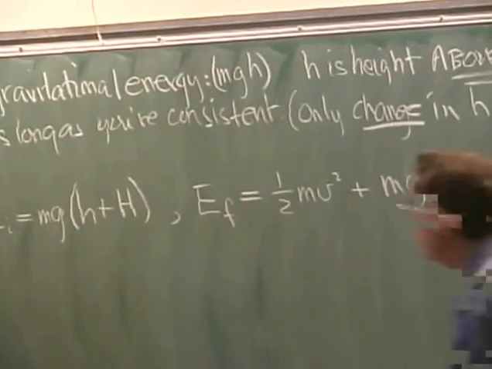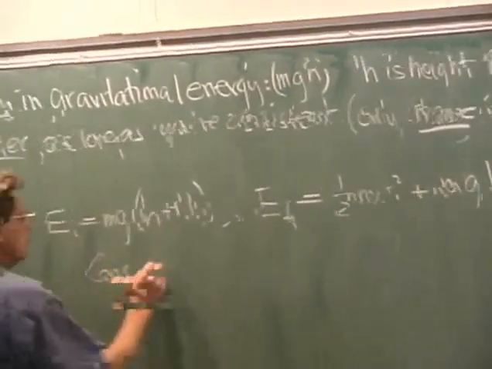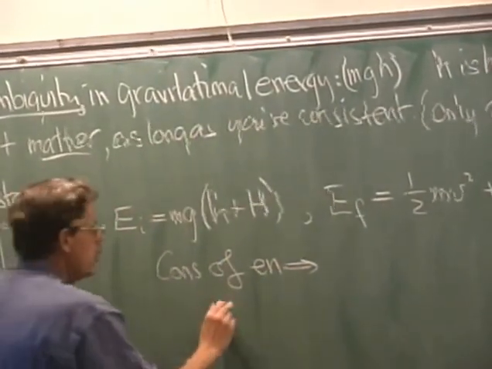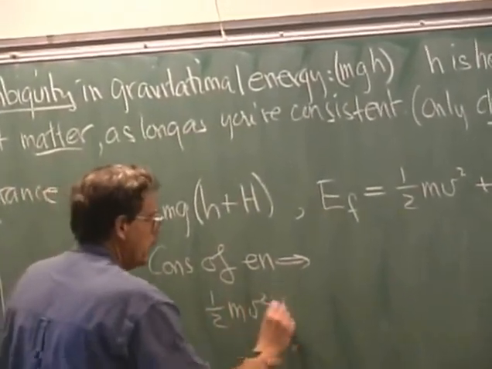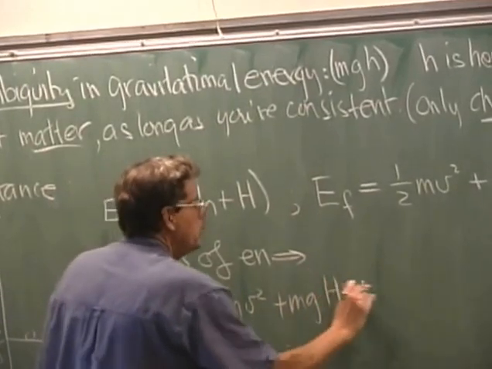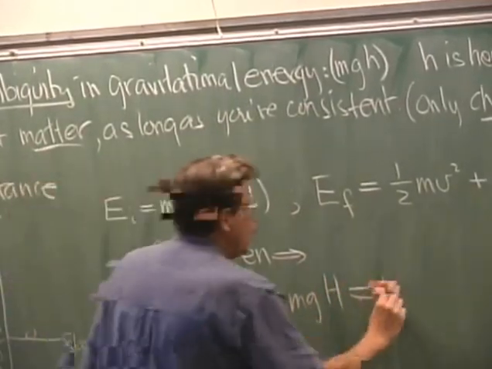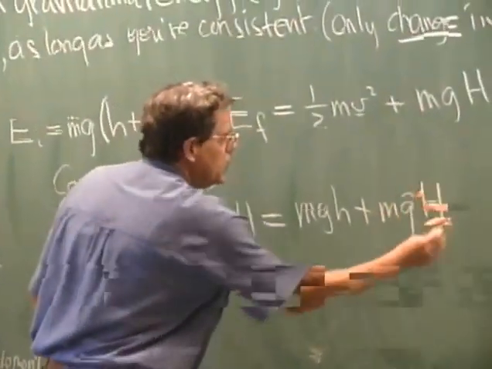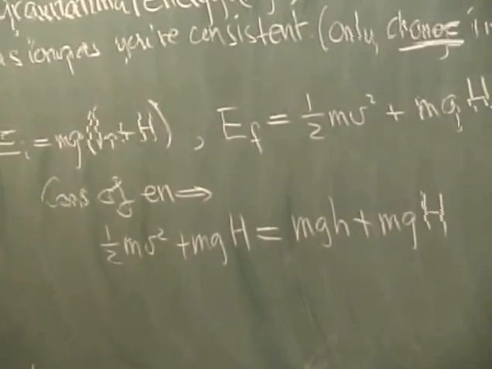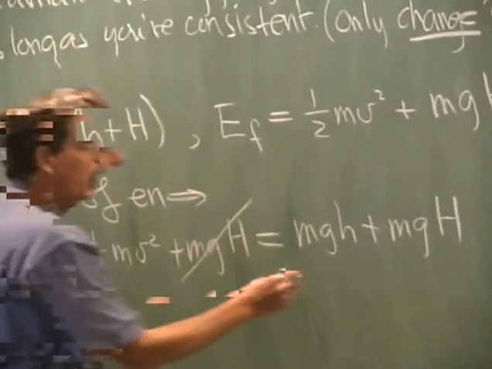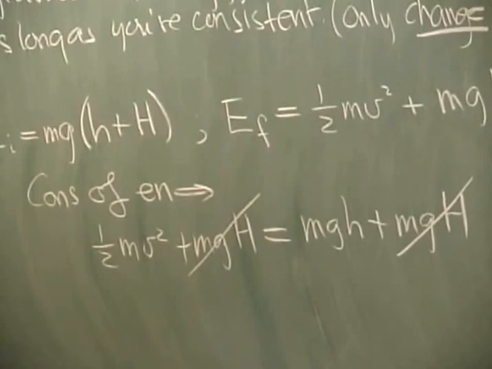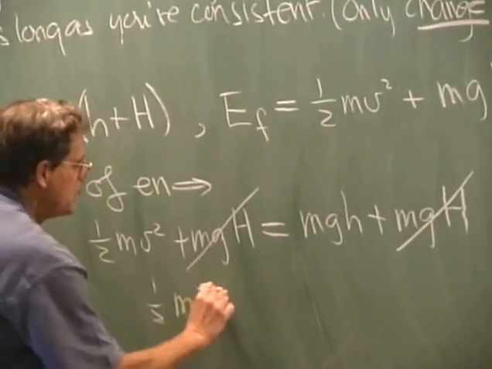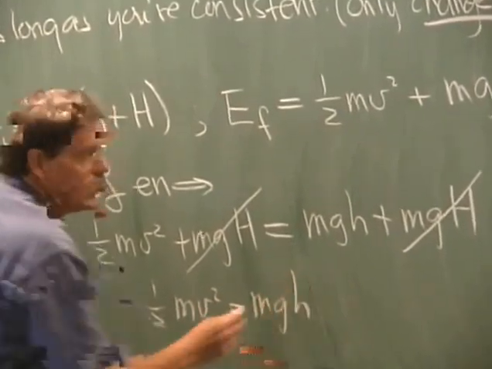So I use conservation of energy: one half v squared plus mg capital H is equal to the initial energy, mg little h plus mg capital H. Capital H cancels out, and I'm right back to the equation one half v squared equals mgh.